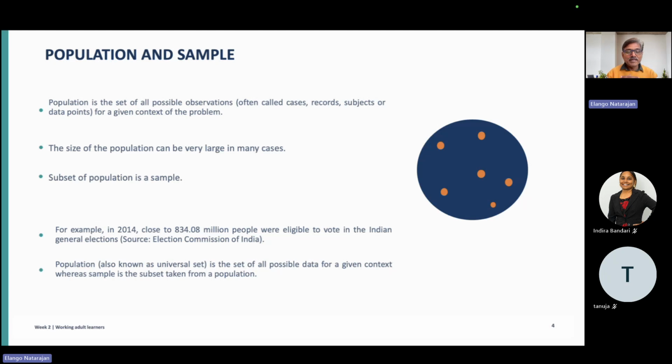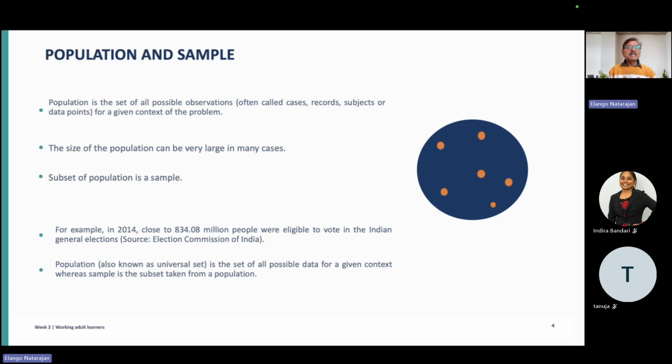So what do we do? We choose data from the 834 million. Maybe we can consider only thousands or tens of thousands of data points. So in this sense, we are going to have samples out of 834 million data.